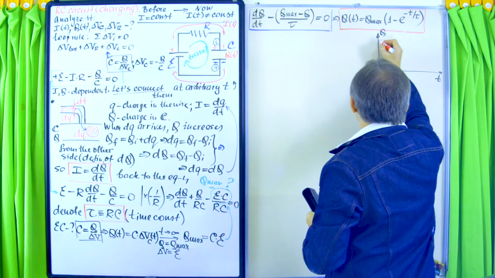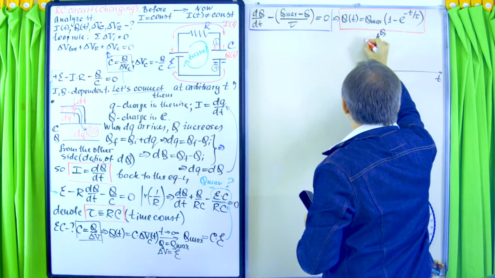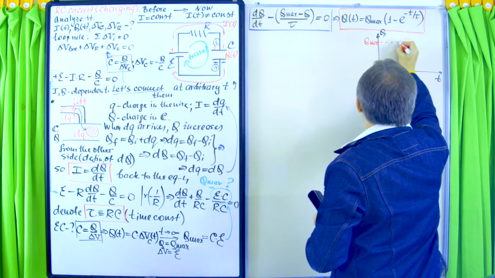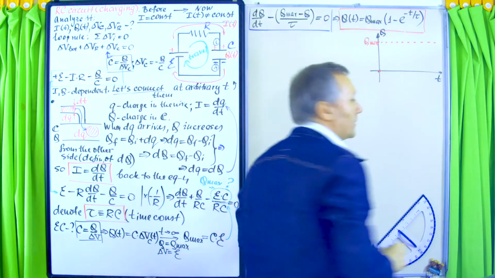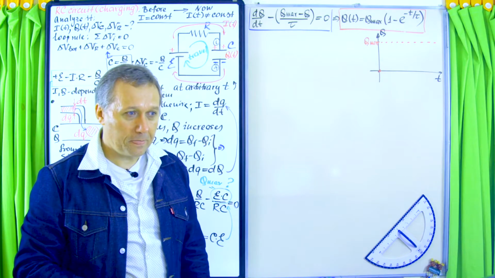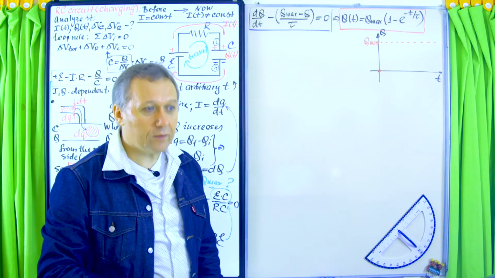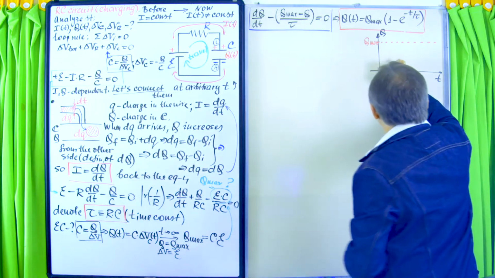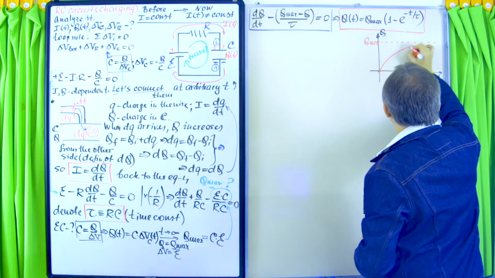So let's say it's this over here. So this is Q max. And let me draw this line, basically an asymptote. And our function reaches that asymptote when t goes to infinity. So effectively, we're going to have something like this.